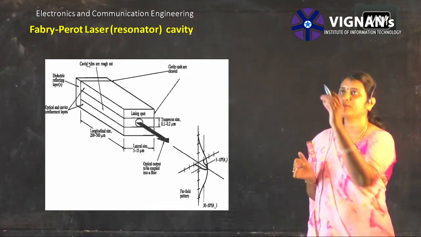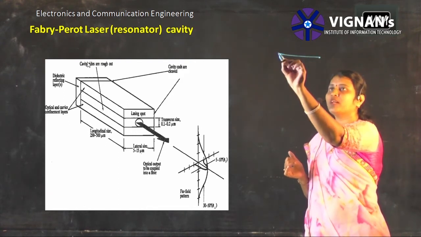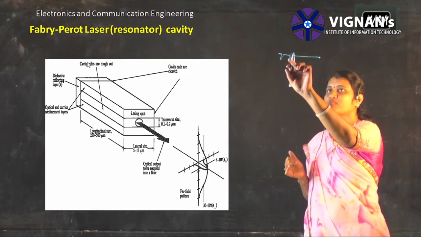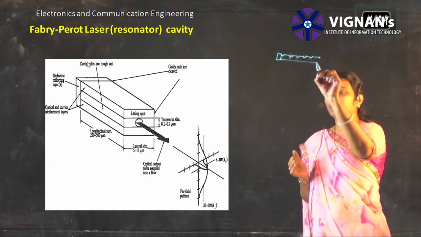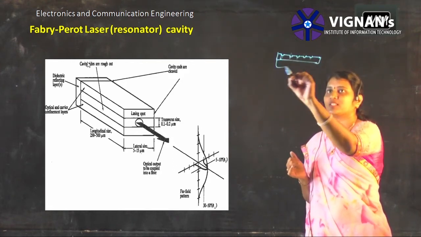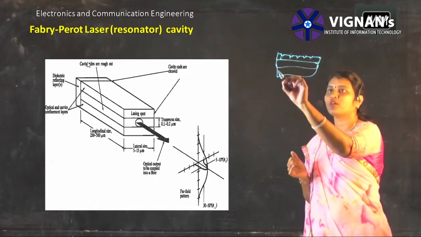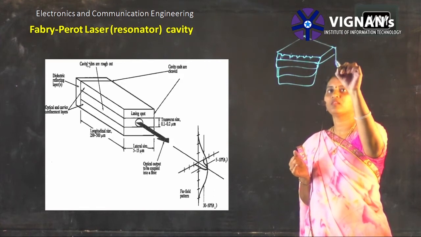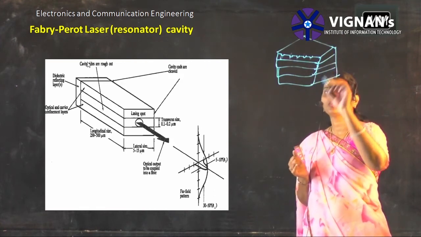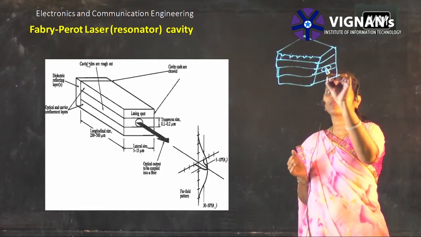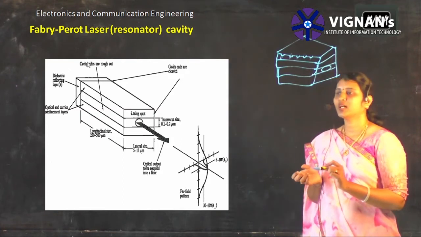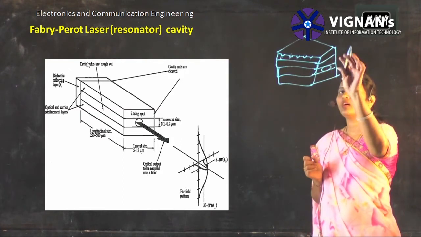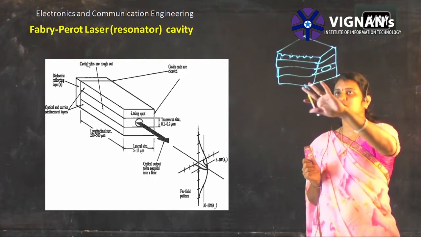Fabry-Perot laser only, whereas at the top layer what happens is, here you can see it is a striped geometry structure. It is somewhat different from your Fabry-Perot, but the basic idea is the same. So this is the distributed feedback laser construction.